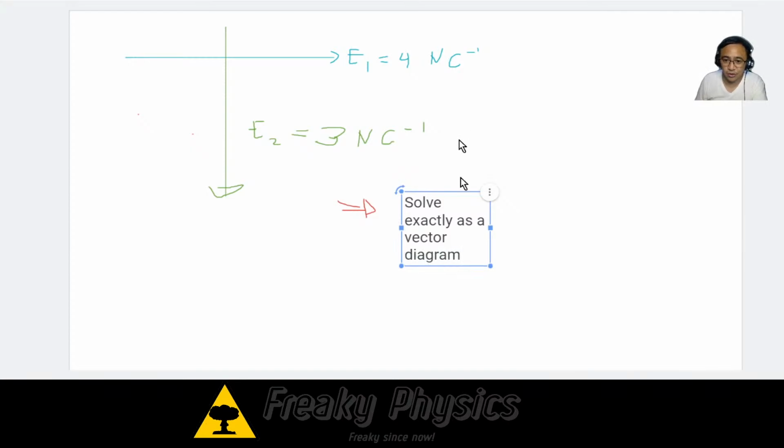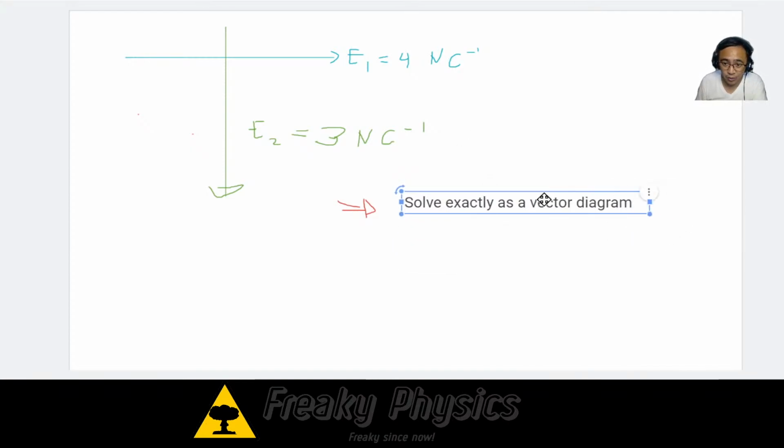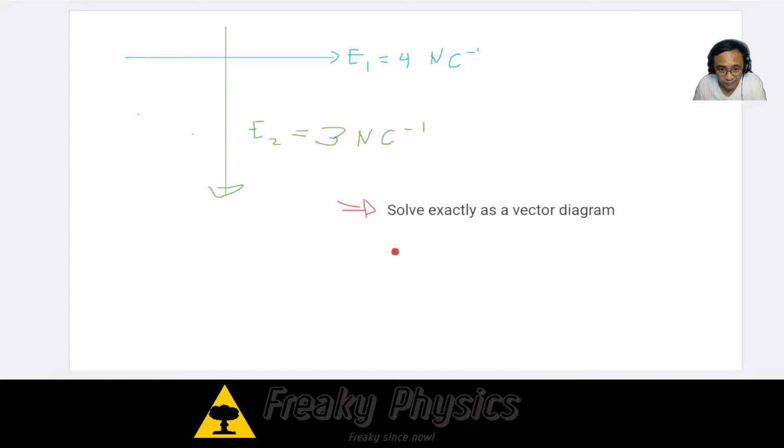So what do we mean by that? I'm gonna take one of the vectors. This doesn't have to be to scale anymore because we can solve it. So I'm gonna take E1 like that. That's gonna be 4 newtons per coulomb. I'm gonna take E2 and draw it right here, just like exactly what we would do.